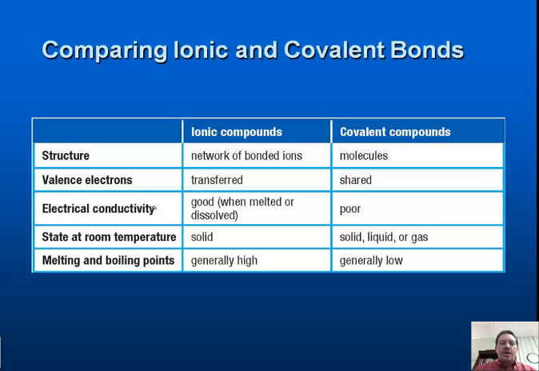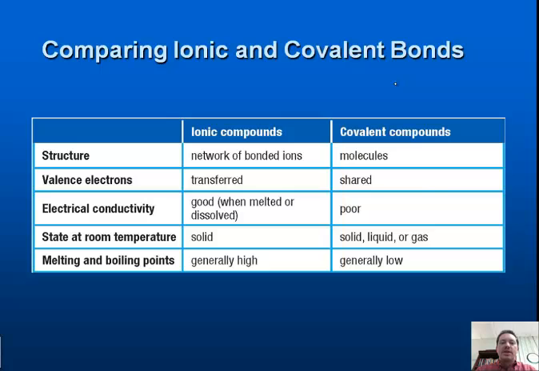As far as electric conductivity, with ionic compounds it's good when melted or dissolved, so we'd have to put salt in water, dissolve it, and we do get some electric conductivity that way. With covalent compounds, if we put sugar in water, we don't get any electric conductivity, so it's poor.